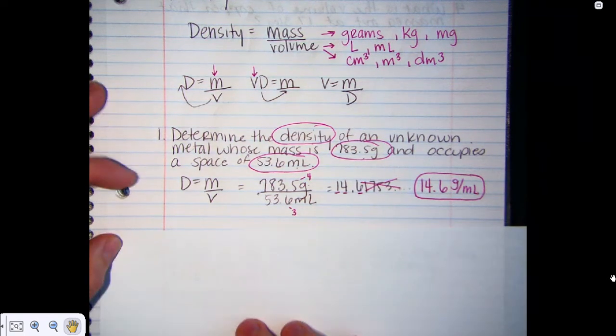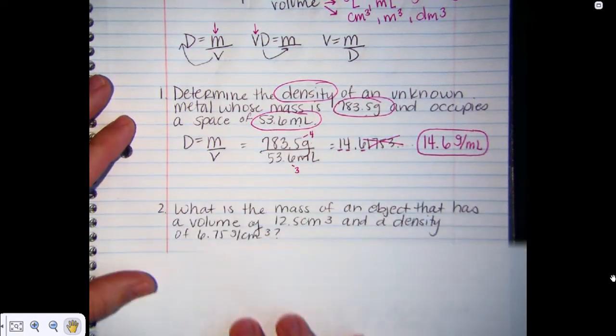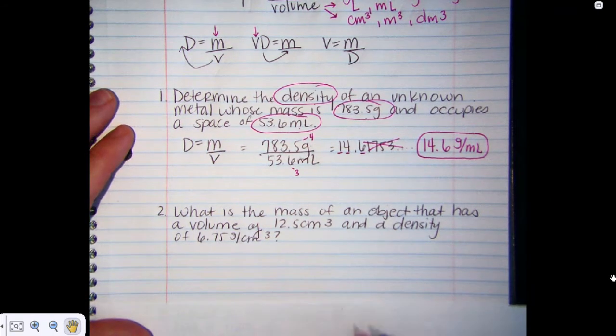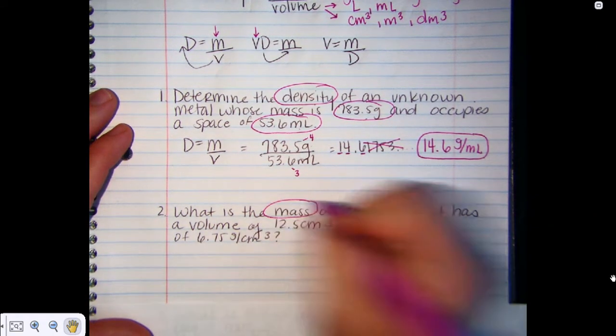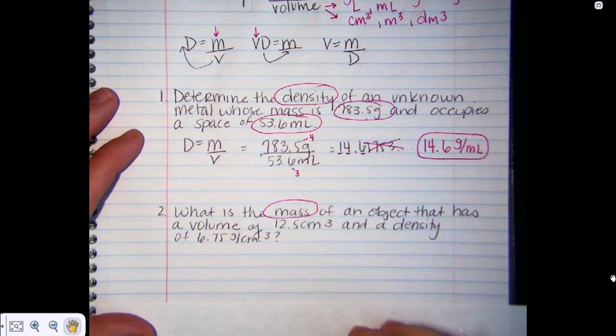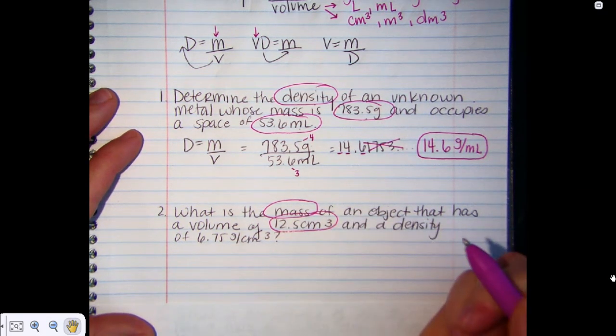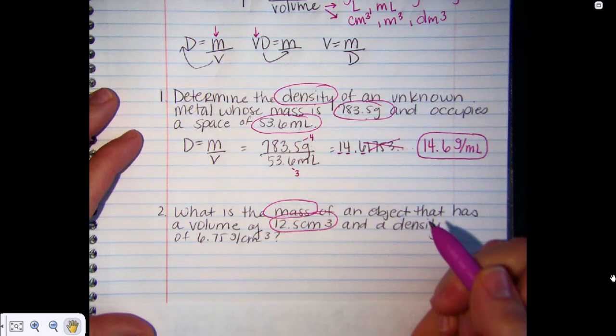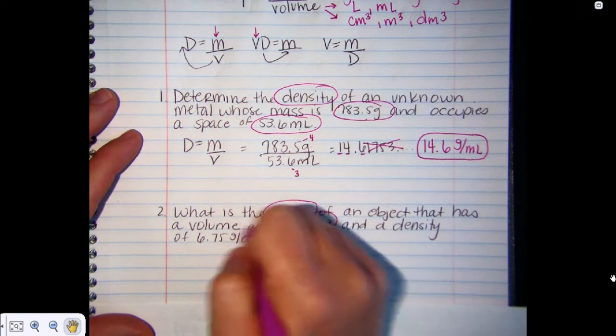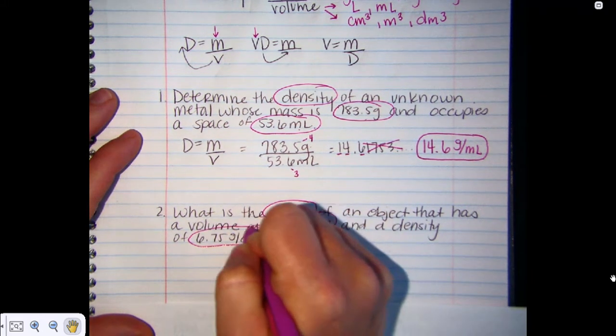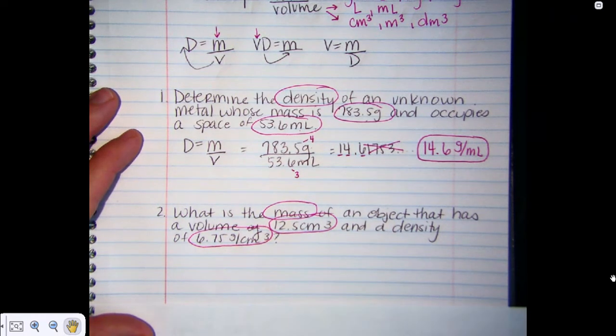All right. For my next one, what is the mass, so we're solving for M this time, of an object that has a volume of 12.5 centimeters cubed and a density of 6.75 grams per centimeter cubed. So now I have a density here, and this time I'm solving for mass.